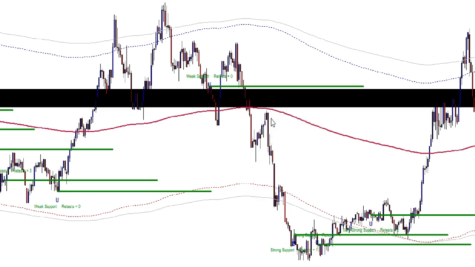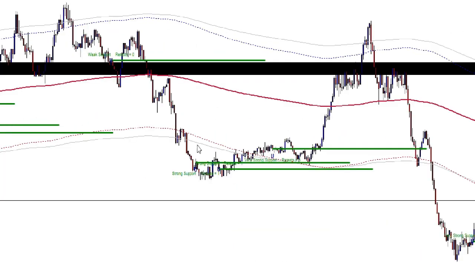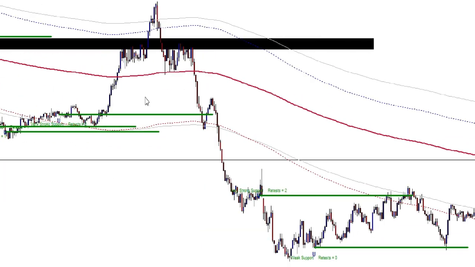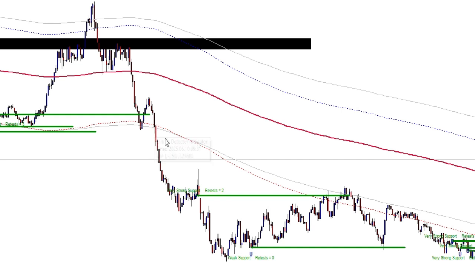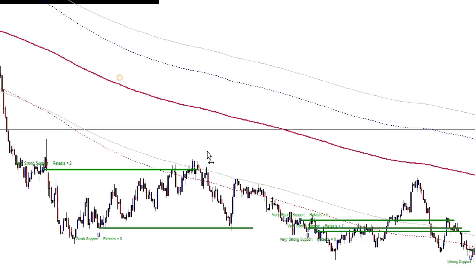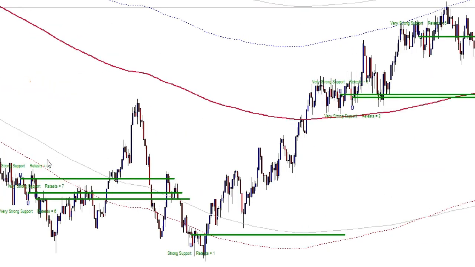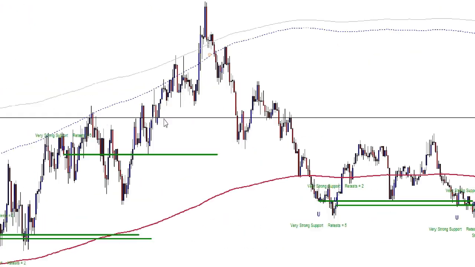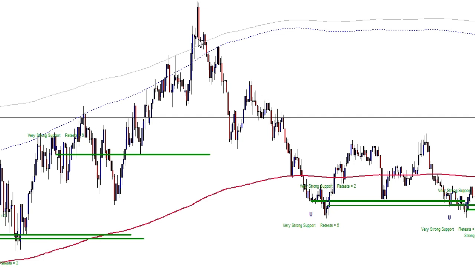You can see here. So when the price is far below this lower envelope, then we know that the price is oversold. But when the price is above this upper envelope, we know that the price is overbought.